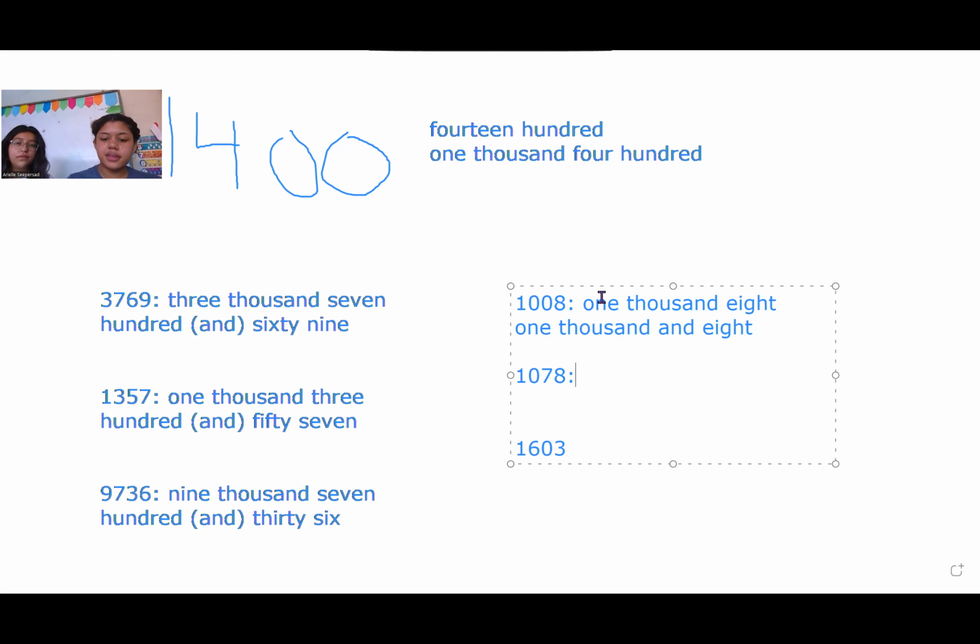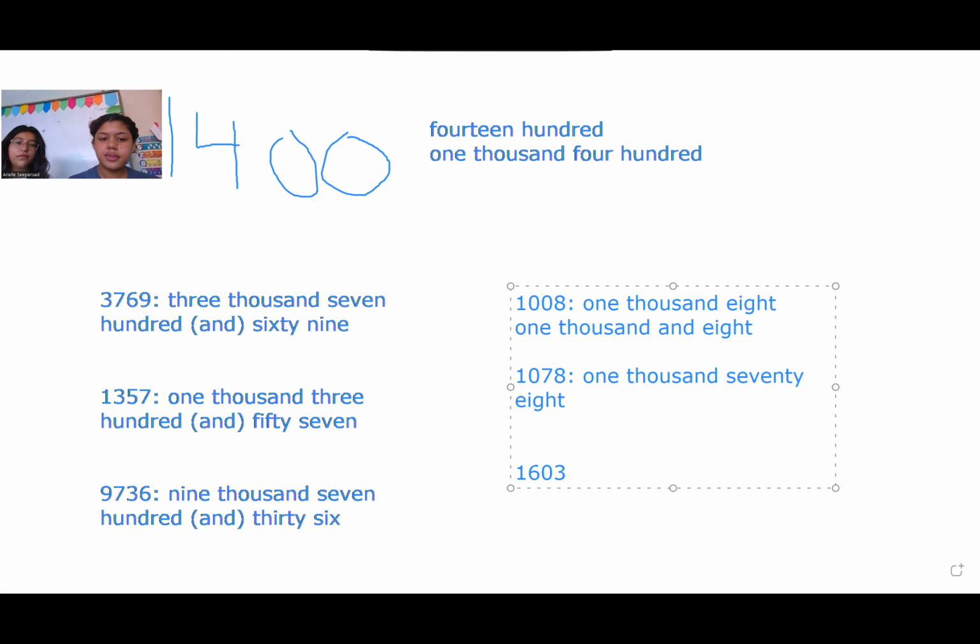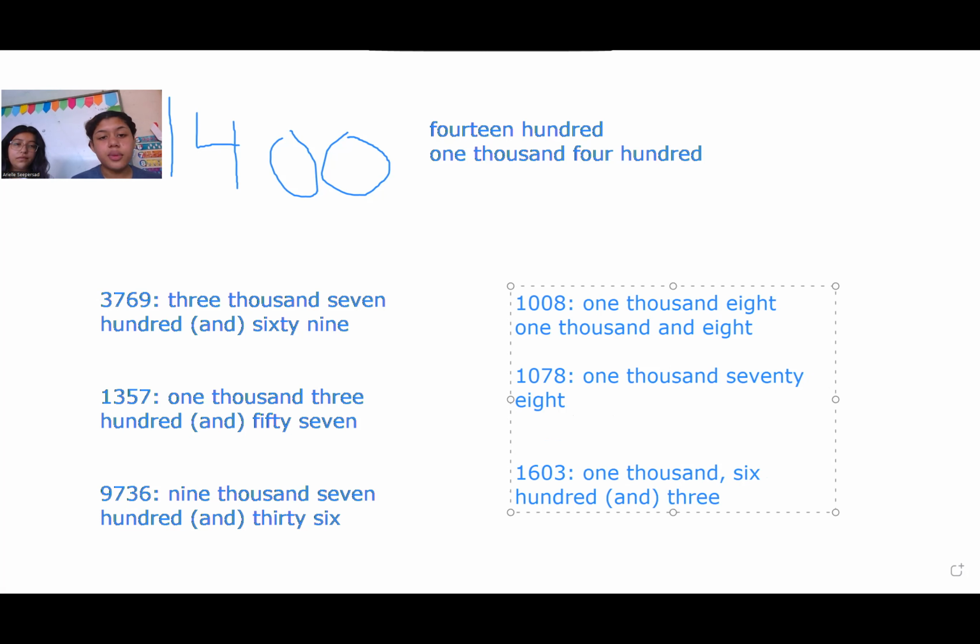And this is 1,078. 1,630. So even if it skips, it's still kind of the same number structure. Feel free to maybe replay this video or pause it. We'll see you online tomorrow. So bring your questions if you have any.